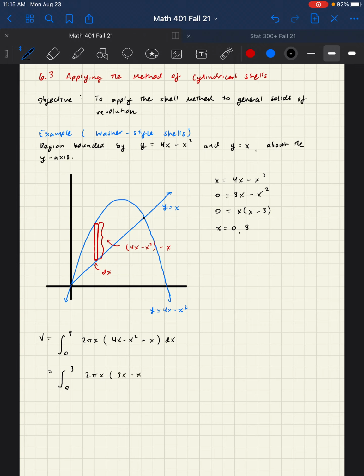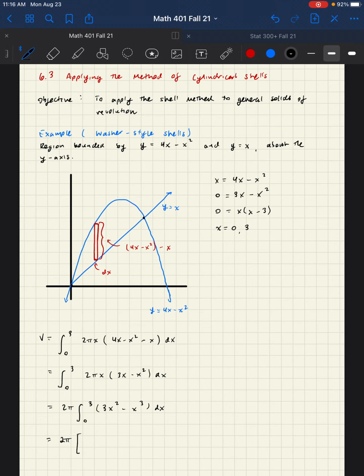So that'll reduce down to the integral from 0 to 3 of 2 pi x times 3x minus x squared dx. If we factor in that x, then we'll just end up with something polynomial. So I'll factor out that 2 pi. And now we're looking at the integral from 0 to 3 of 3x squared minus x cubed dx.